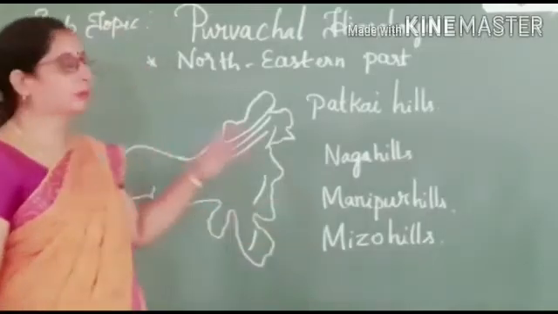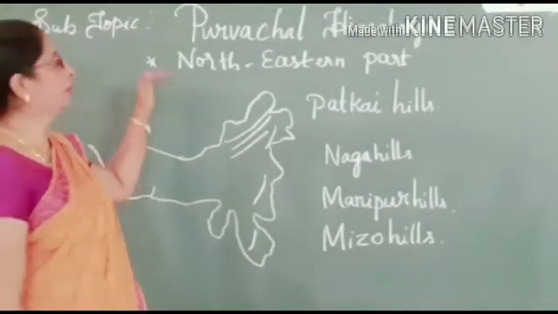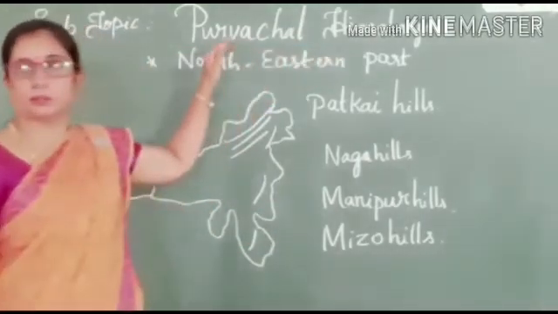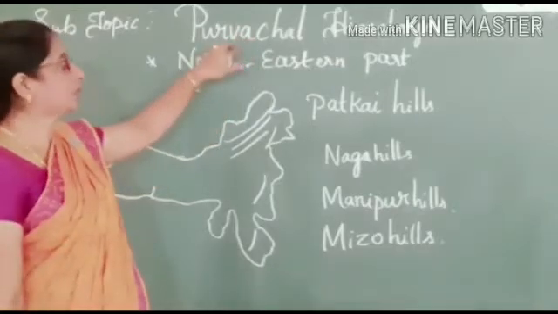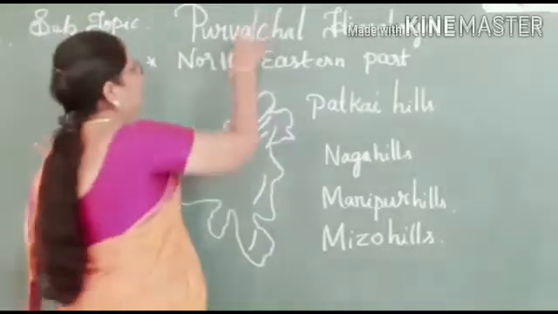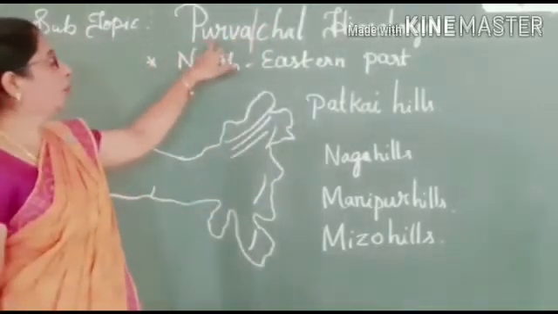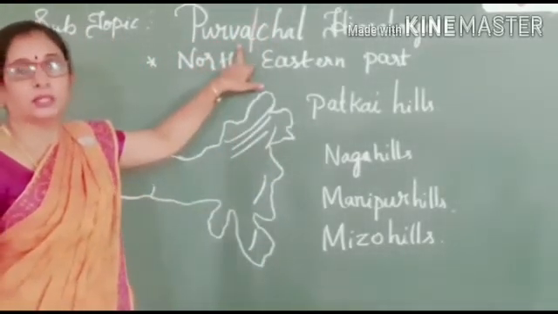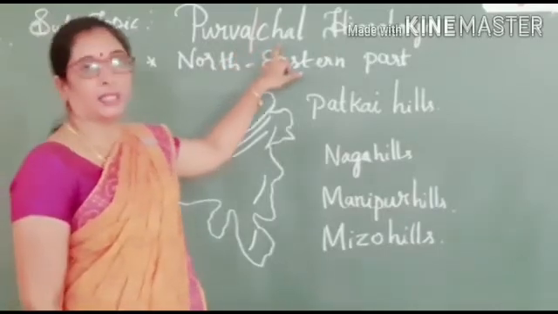Children, this is another very important subtopic you have to learn, the Purvanchal. Welcome back once again to another subtopic, Purvanchal Himalaya. What is the meaning of Purvanchal, children? This word is derived from Hindi, two words, where Purva means east and Chal means area.